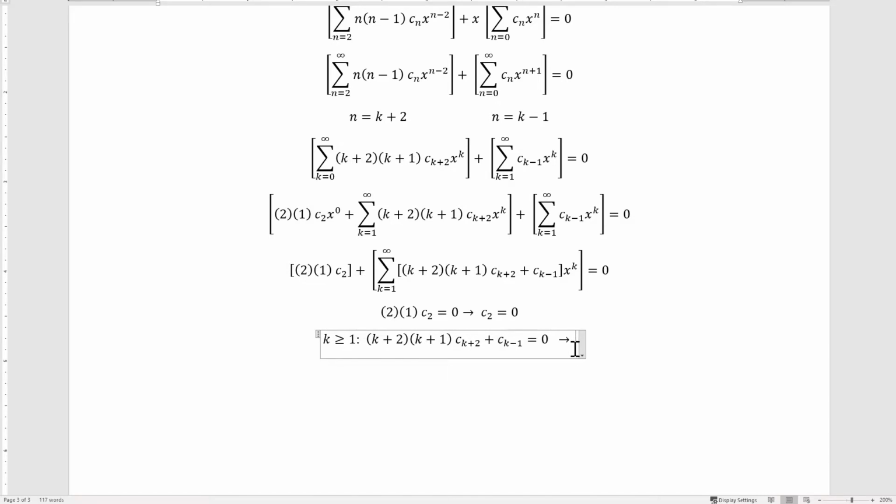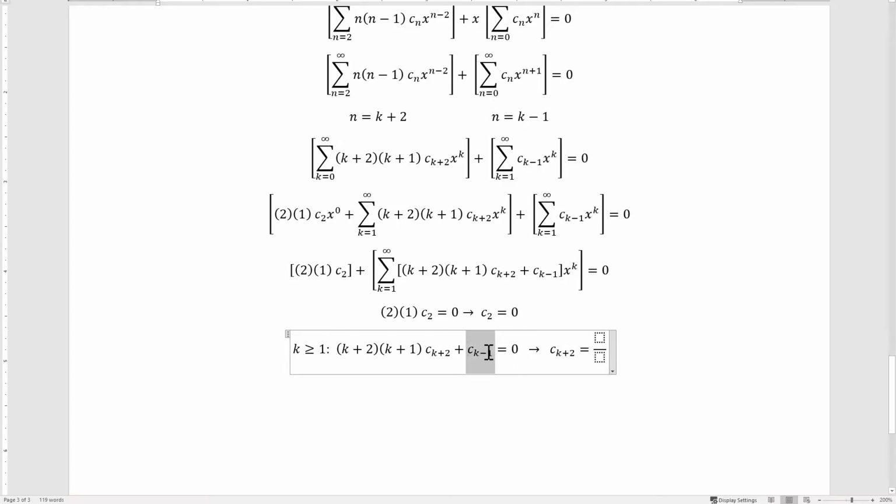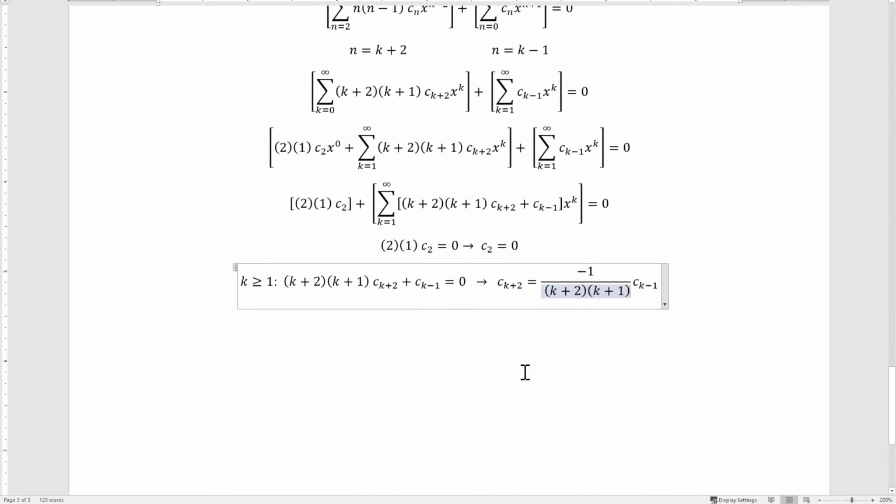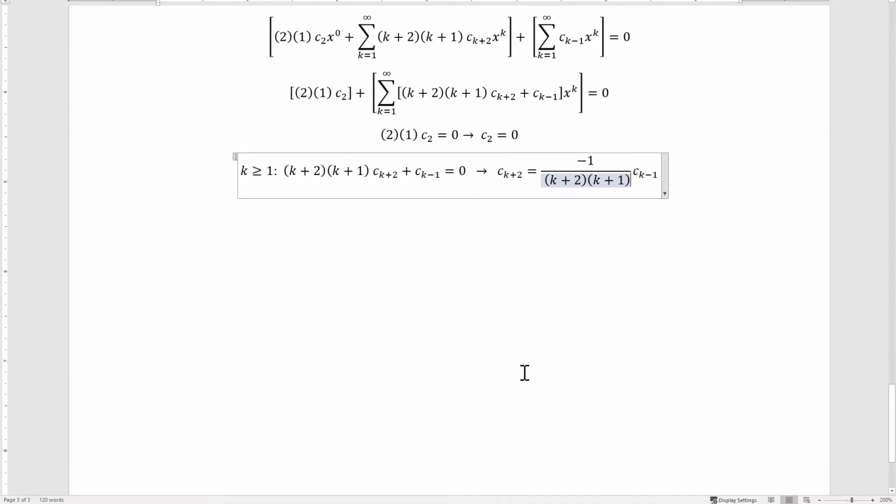So let's solve for c sub k plus 2, and this is going to be in terms of c sub k minus 1. So we bring this over to the other side, it becomes a negative, and then we have to divide out by this. So this is our relationship. It looks like a fairly simple relationship to work with.